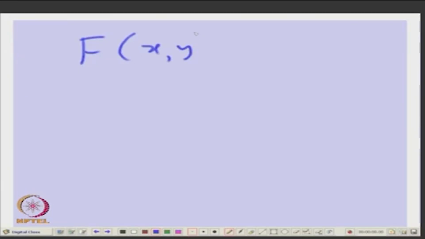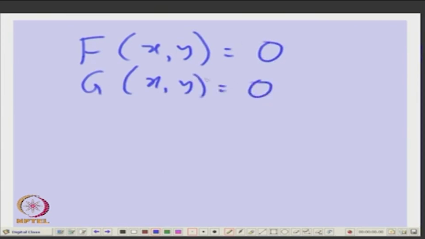And what you do, right. So, you know that what you have to solve is you have two equations f of x y is 0 and g of x y is 0, is it not, right, and you do a Taylor series expansion, right.